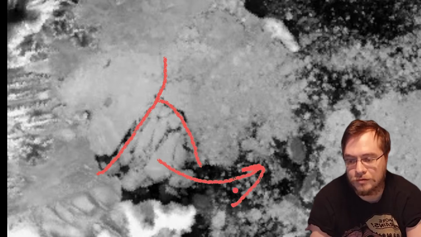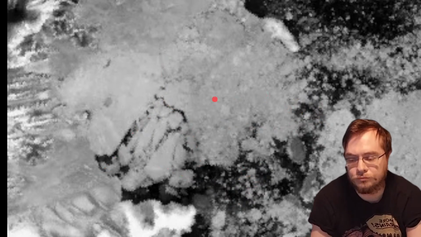It gets taken out to sea. This is stunning losses of sea ice in an ecosystem that's entirely made up of sea ice.